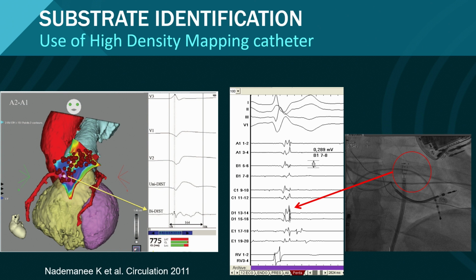And in our experience, these potentials are pretty sharp, high frequency, again poorly coupled, near field type of potentials. It might be very different from other publications where the potentials appear more low frequency. Not sure why, probably some filtering issues.